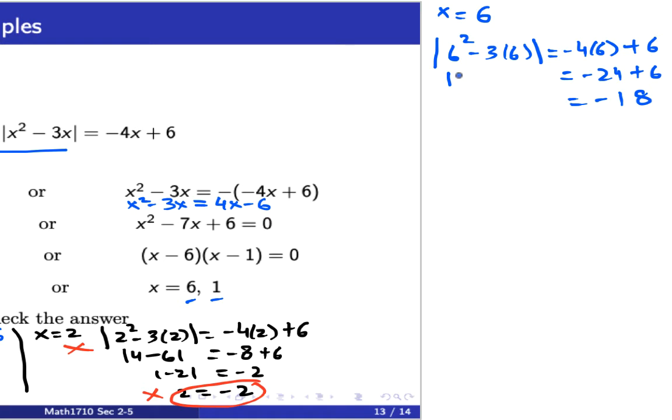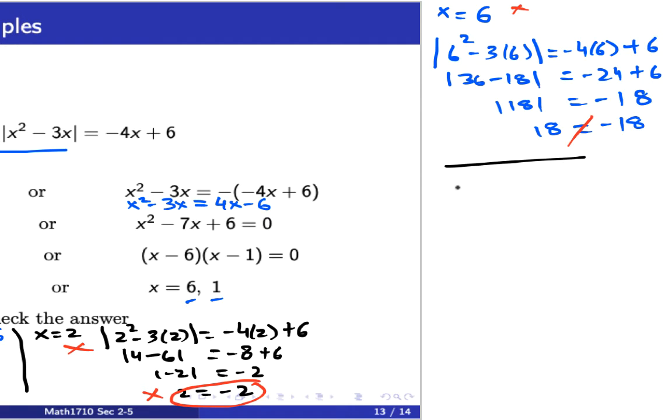Well, on the other side, we have 36 minus 18, absolute value, we're getting absolute value of 18. Now 18 cannot be equal to negative 18. So clearly x equal to 6 is not an answer.